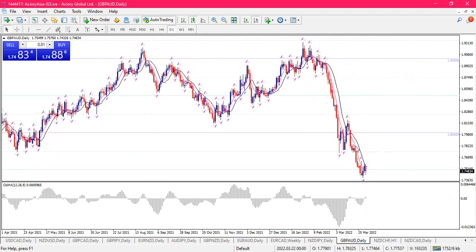The sellers came back down, price broke down through 1.80, and now it's at the 1.75 area.